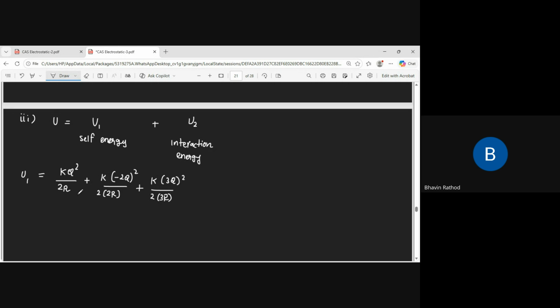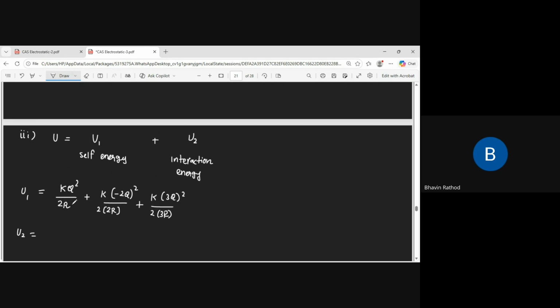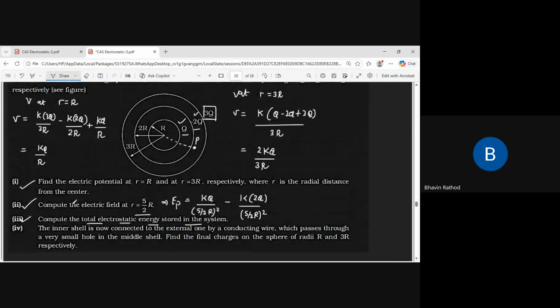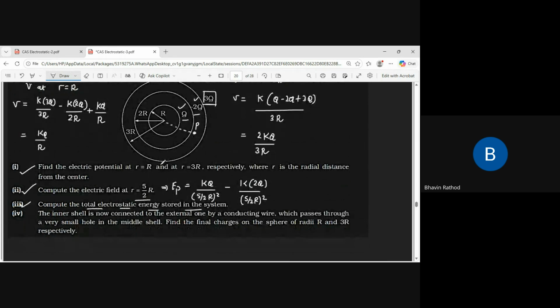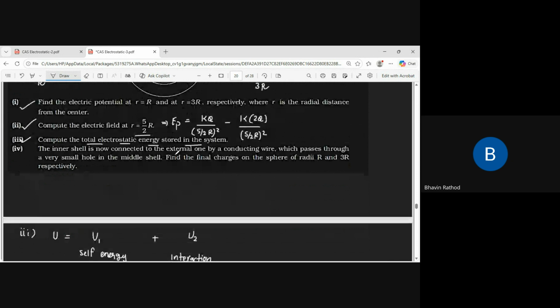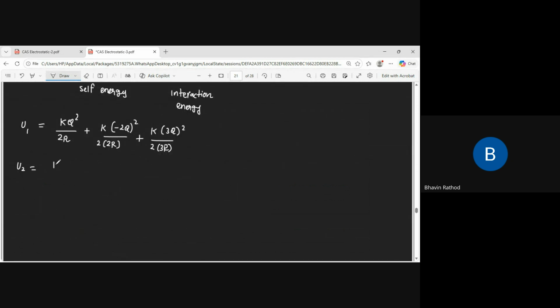Now let's look at the interaction energy. For interaction, we have basically three pairs: interaction between Q and minus 2Q, between Q and 3Q, and finally between minus 2Q and 3Q. So we'll have three terms for that also. Between Q and minus 2Q, it will be equal to K into Q into minus 2Q divided by 2R.